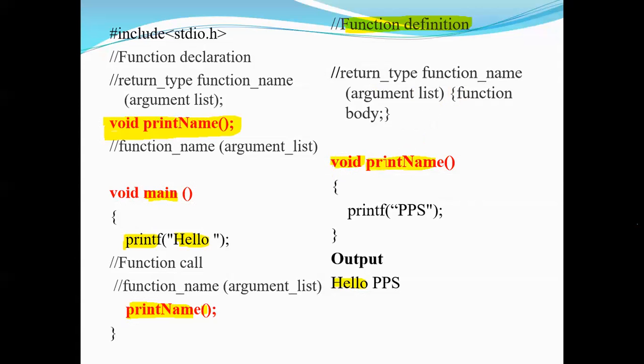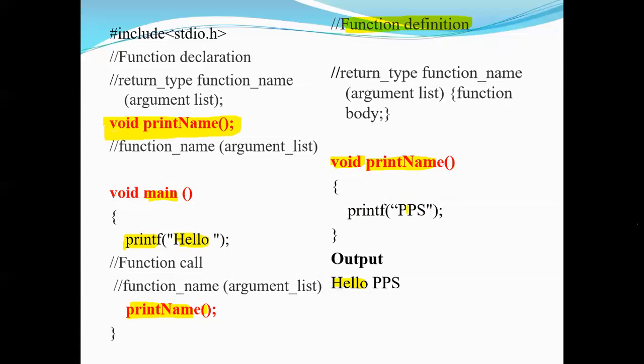The declared name as well as the called name should be the same. Whatever you have defined should be matched. Print name is the function definition, and within the braces is called the function body.